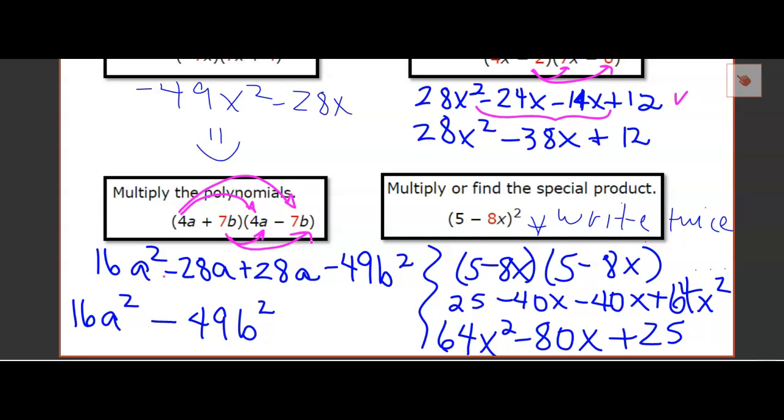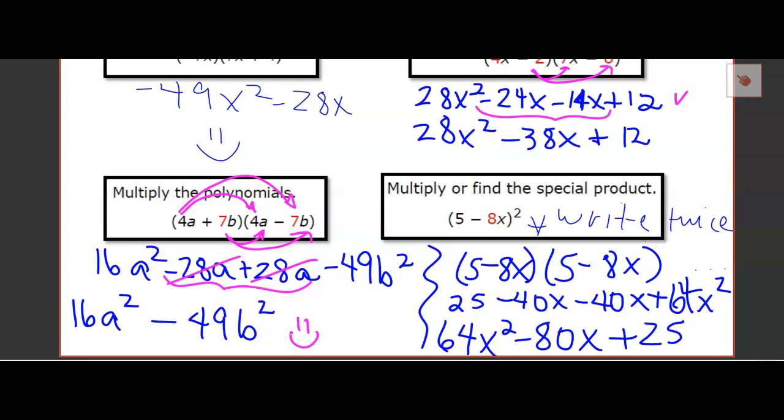The 2 middle terms combine, but what's interesting here is the 2 middle terms cancel out. Positive 28, negative 28, the middle terms cancel, so we're left with 16a squared minus 49b squared.